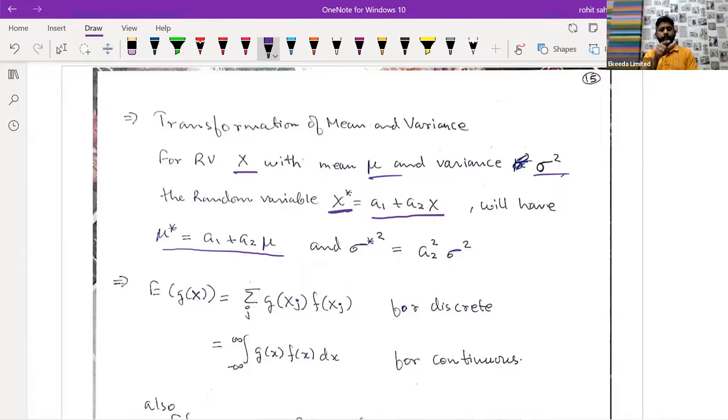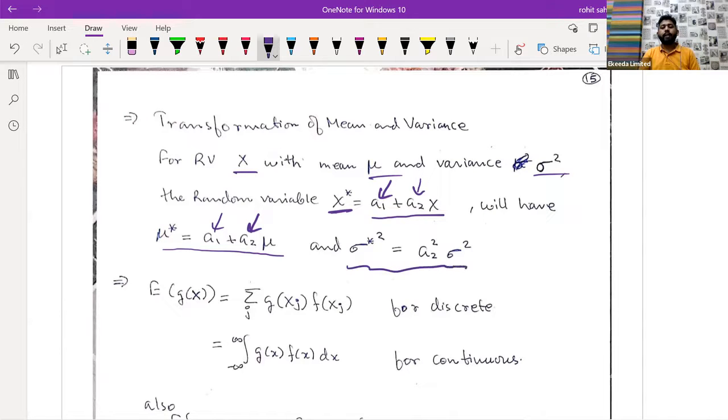And if you are, let's say, adding a constant value to all the values, let's say you're adding 5 to all the outcomes, then ultimately your expected value will also move up by 5. Are you getting this? So this a1 is the value which is getting added, this a2 is what is getting multiplied. That means your mu also should scale by the same factor a2, and then it should be shifted up or down depending on a1 negative or positive.